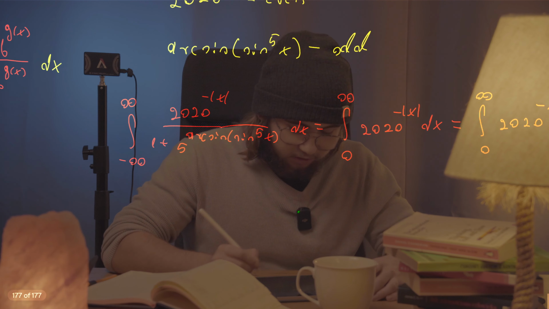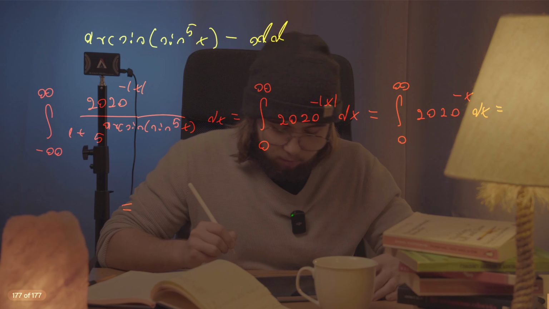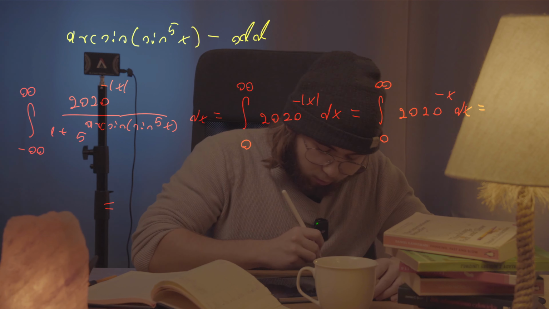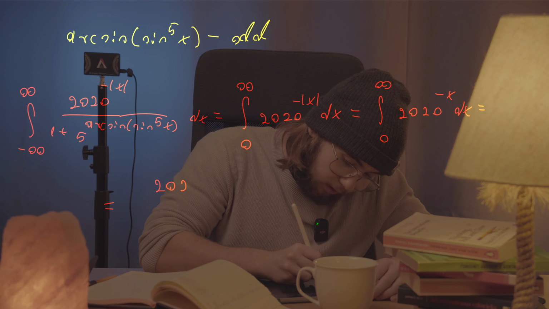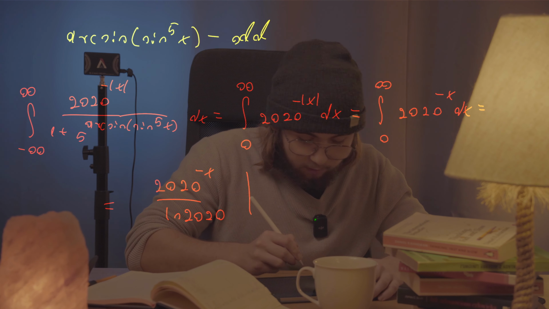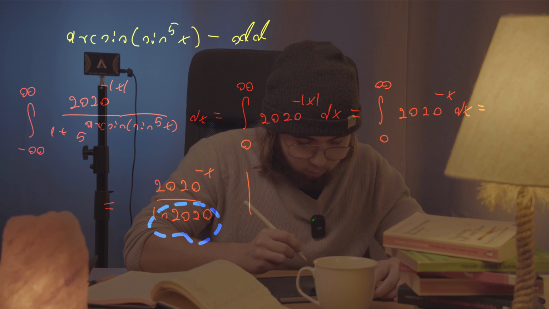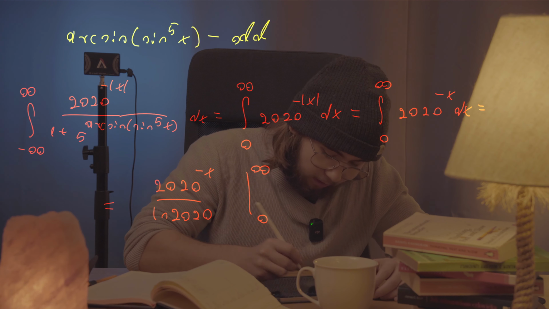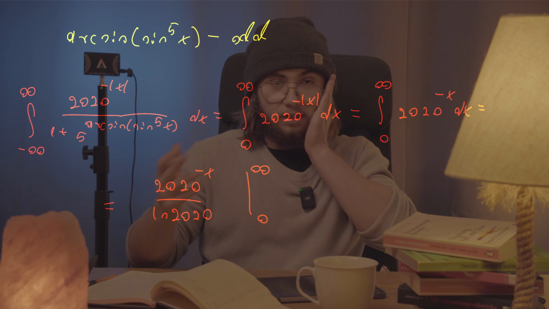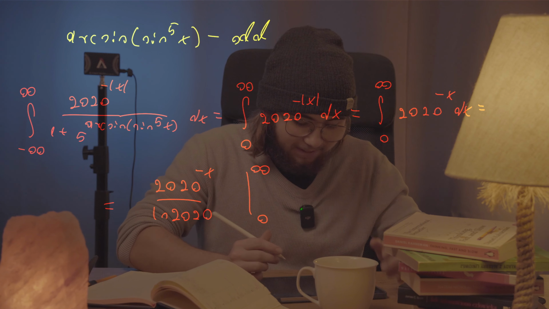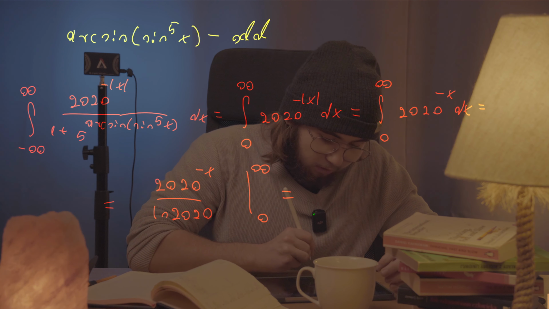But now, just taking the antiderivative, as we probably should know from calculus, is going to be nicely equal to 2020 to the power of negative x divided by the natural log of 2020 evaluated between 0 and infinity. I should have been more rigorous and just taken the limit as t approaches infinity and then evaluated it between 0 and t, but I think you know where I'm getting at. And so this is going to be what?